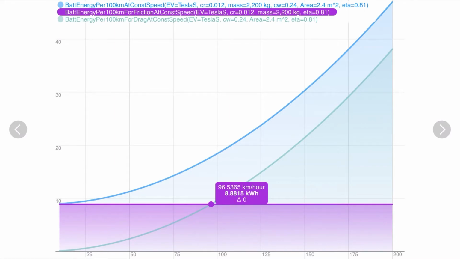And you see here at about 96 kilometers per hour, this consumption due to wind and due to the rolling resistance is identical. So approximately 9 kilowatt hours. So even if you only ride 7 kilometers per hour or less, even in that case, you have already a consumption of approximately 9 kilowatt hours. And this is related to the weight and to the rolling resistance here.